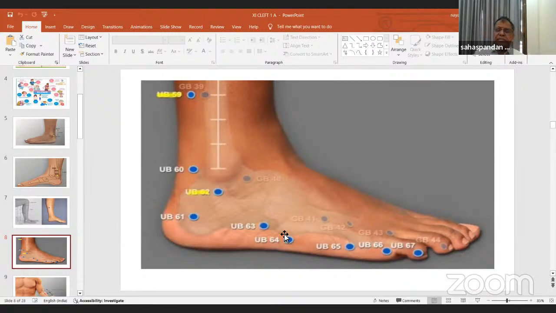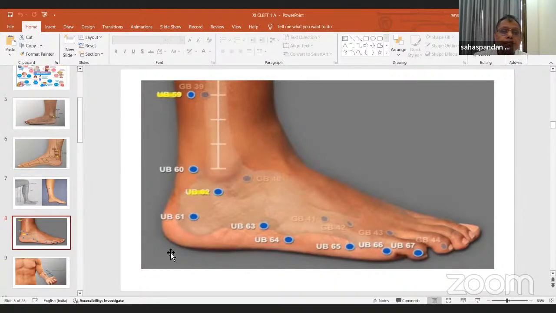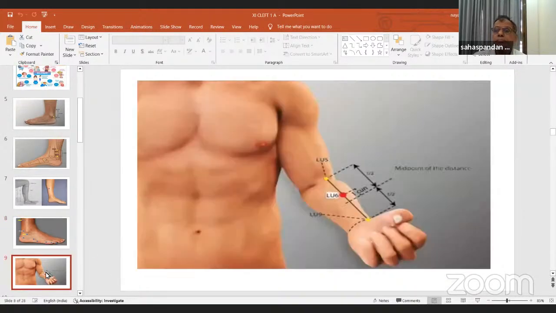So let us see lung 6. Lung 6 is an important point both for acute disease of the lung and for disorders of the blood.